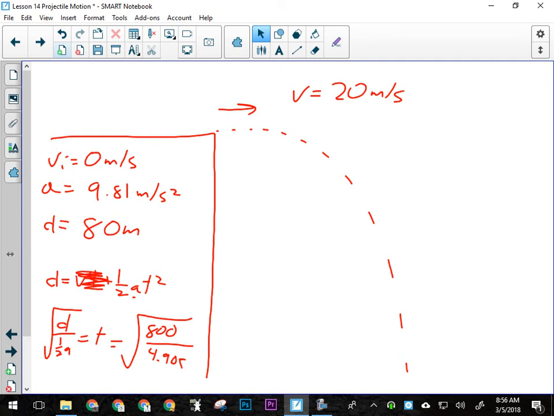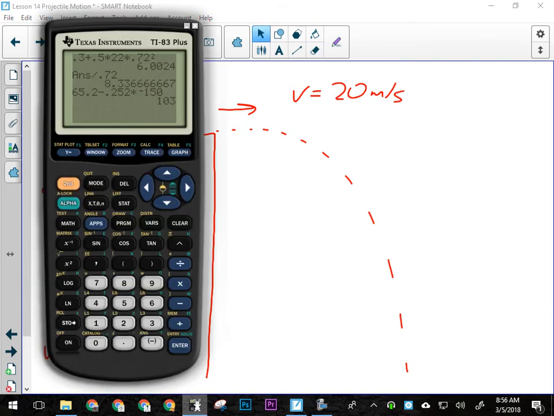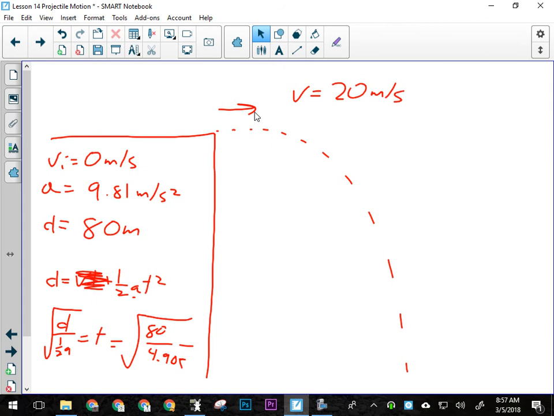Why did I write 800 meters? 80 meters. Okay, it's going to fall for 4 seconds. That's a long time to fall. 4 seconds is the time that the object's going to fall.